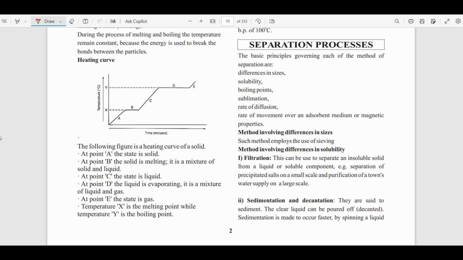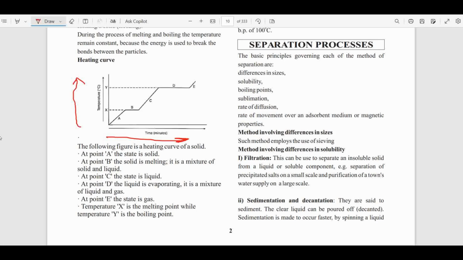And when you apply heat to a solid, for example, this is going to be moving upward. So here, the temperature is going up. That's what you have here. And of course, over a period of time that goes like this on the x-axis.